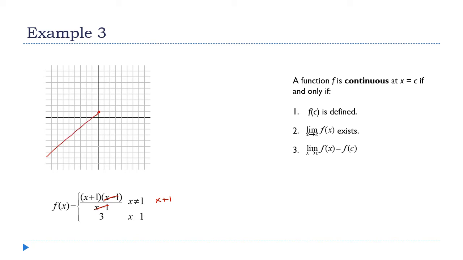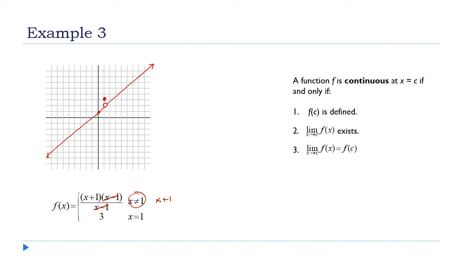This line part of the graph doesn't apply at 1, so when I get to 1, I put a circle here to not include that point. At 1, I'm going to somewhat arbitrarily define the function to be equal to 3. So that's up here.